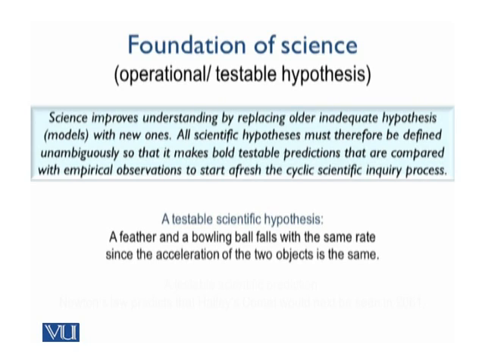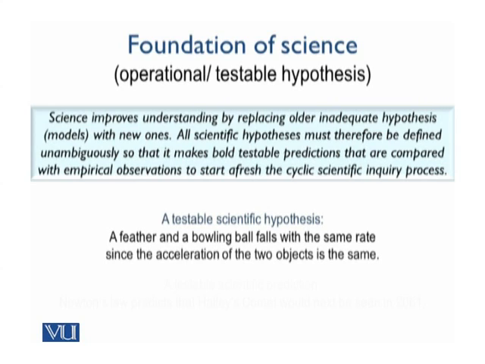But Galileo reasoned that this is in fact not the case. So this is a scientific hypothesis. Why is this a scientific hypothesis? So let me first state this hypothesis. The hypothesis is that a feather and a bowling ball fall with the same rate since the acceleration of the two objects is the same.